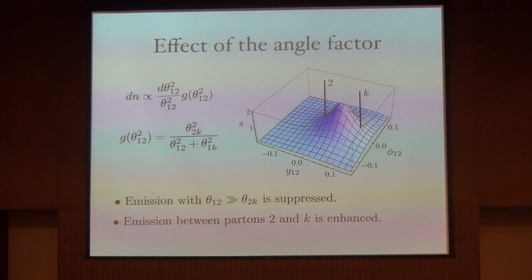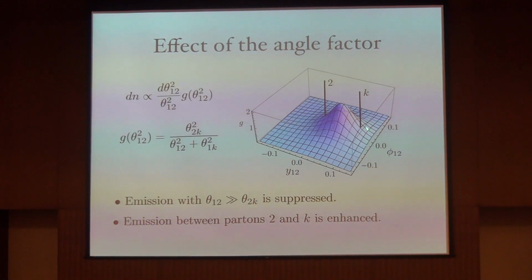The reason for that is that there's constructive interference between emission from number 2 and number k. And G here at the peak is equal to 2, and right there is equal to 1. So there's a factor of 2 worth of positive interference.